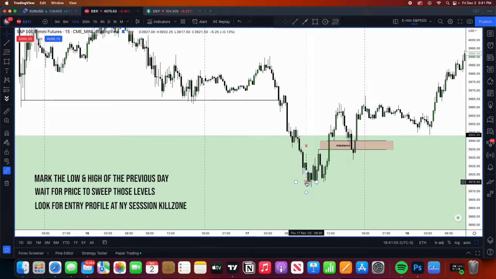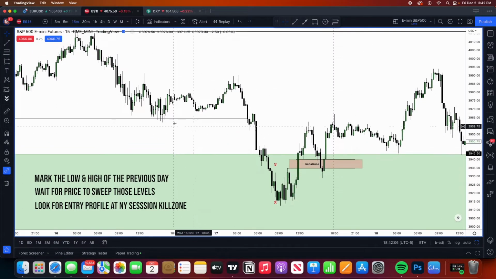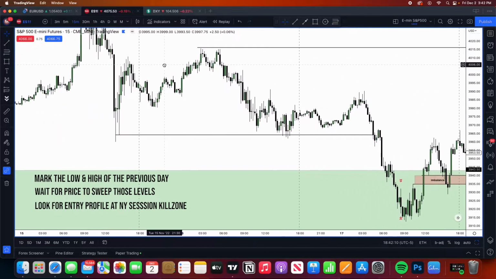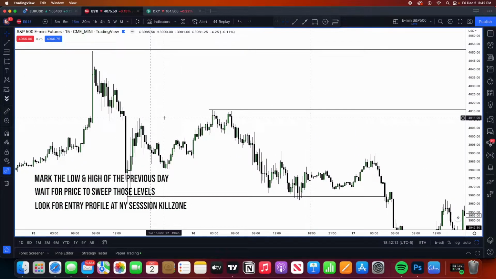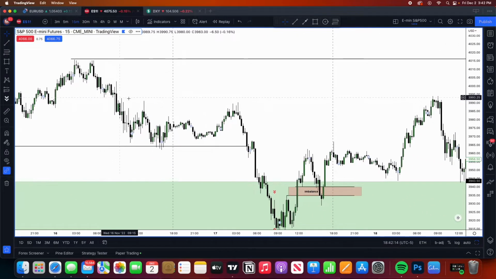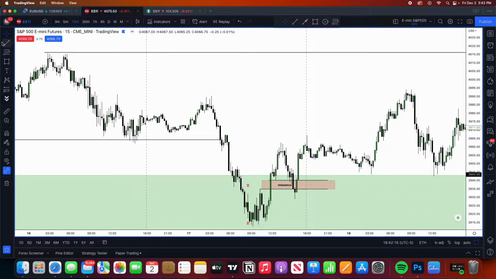When you find your imbalance after 8:30, you look before 8:30 to see if any lows or highs have been taken. Your target, it says, is buy side liquidity, which is the equal highs all the way up here, or you always aim for the low hanging fruit, which is going to be this level here.